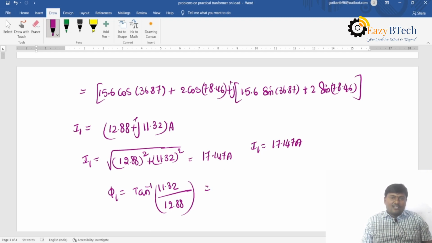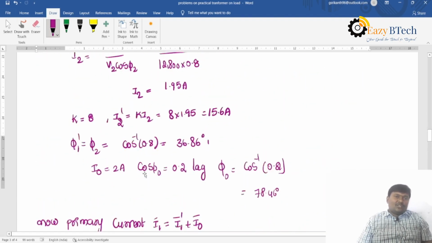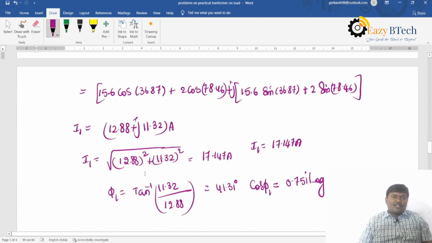Then I get the answer as 41.31 degrees. So from this I can calculate the cos phi 1, that is the primary power factor, so that is 0.751. Okay, so these are the most important problems on practical transformers operating under load conditions.